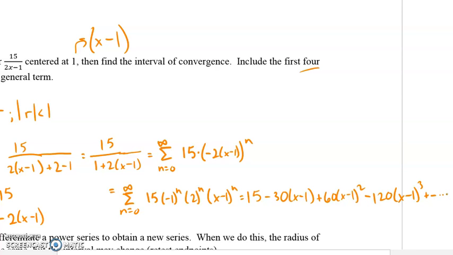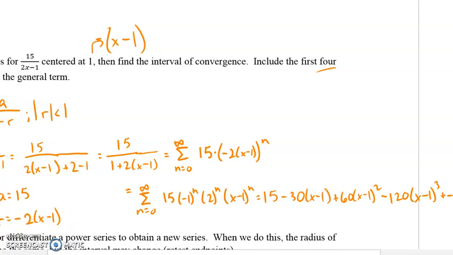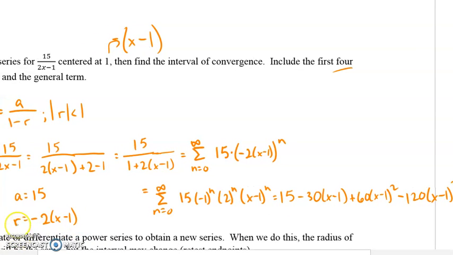The only thing I haven't talked about is that interval of convergence. Well, remember that the interval of convergence is for all the values when r is between -1 and +1. So if -1 is less than -2 times x minus 1 is less than 1, well, divide everything by -2. We'll get positive 1/2, negative 1/2.